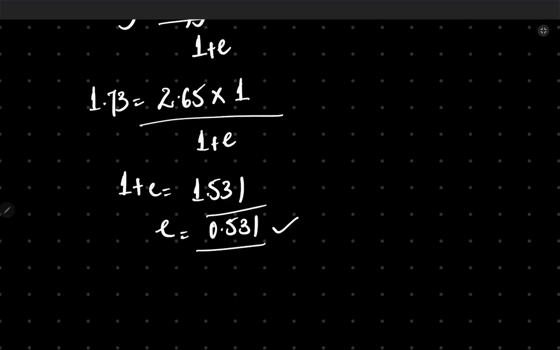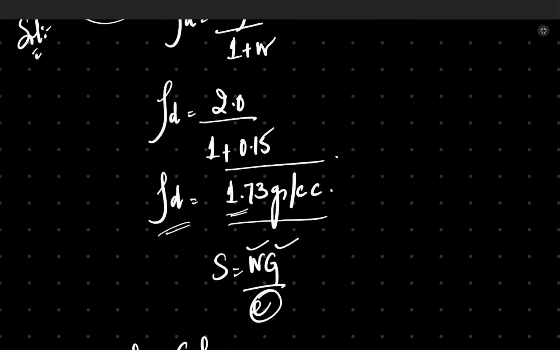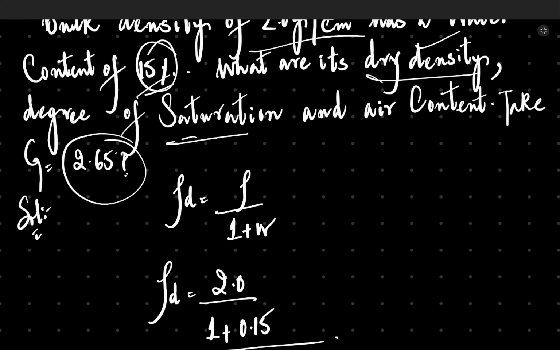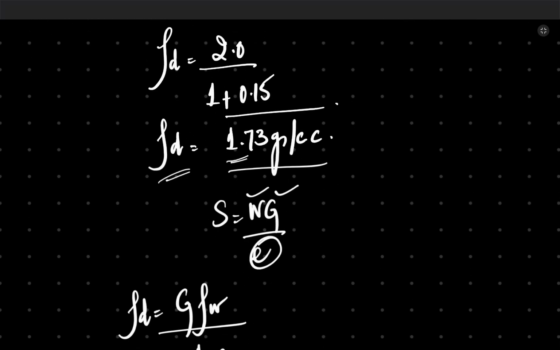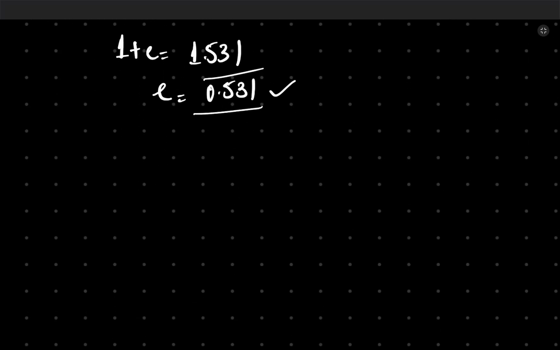With this, we have our void ratio. Now we can very easily calculate our degree of saturation, and that's the next parameter that the question has asked us to find. Dry density we have done, which was equal to 1.73 grams per cc. Now we're solving for degree of saturation, and then subsequently we'll solve for the air content as well. S as per the generalized equation is Wg by e.